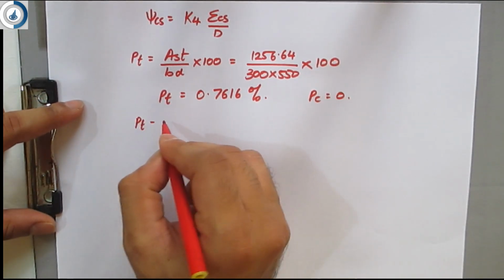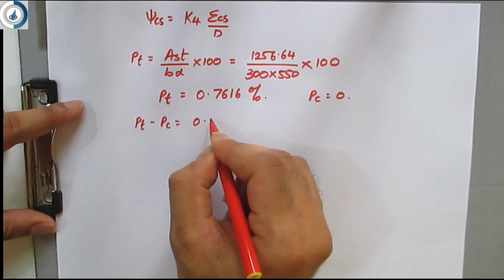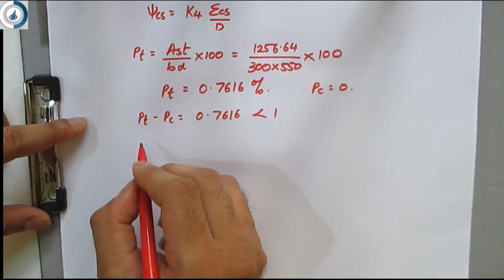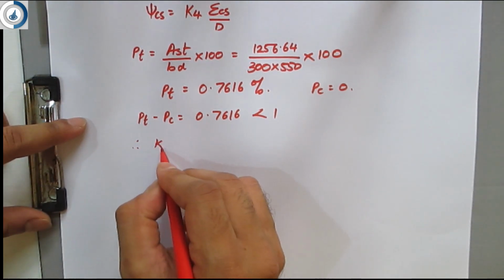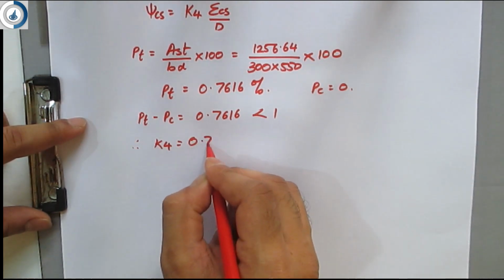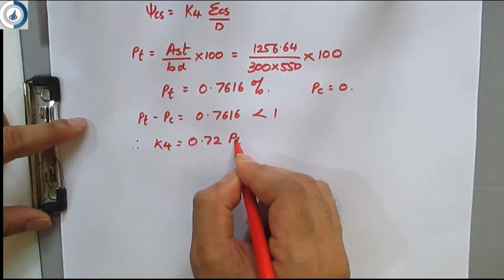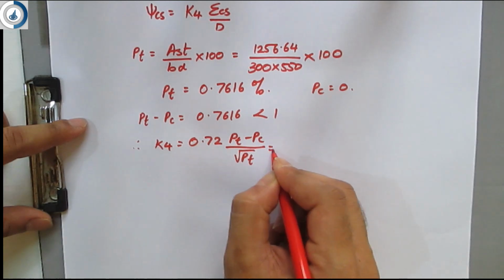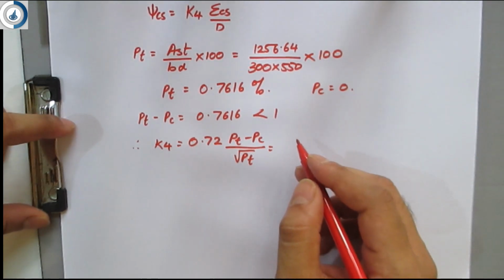Now PT minus PC, if you do, you will be getting 0.7616, which is less than 1. Therefore the first formula you have to use. Therefore K4 is equal to 0.72 (PT minus PC) divided by root of PT. This formula again I have shown on page number 88.